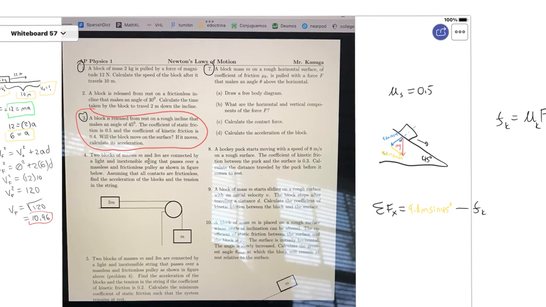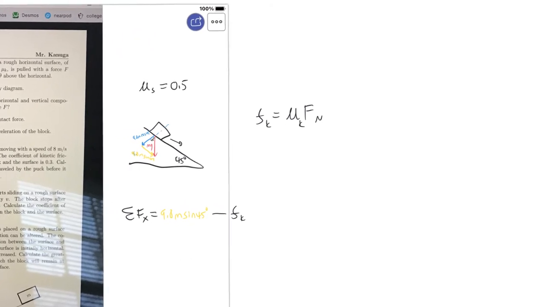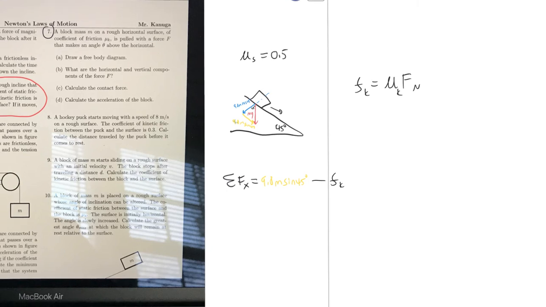According to the problem, that is 0.4. So we're going to have 0.4 times the normal vector, and that normal vector is this blue guy, 9.8 m times cosine 45.